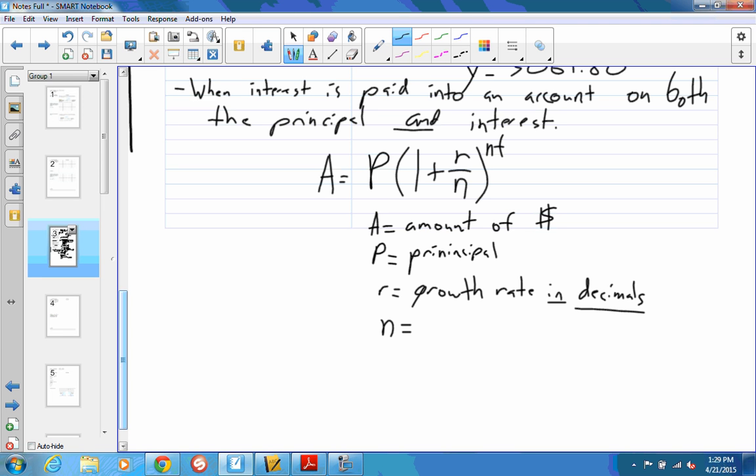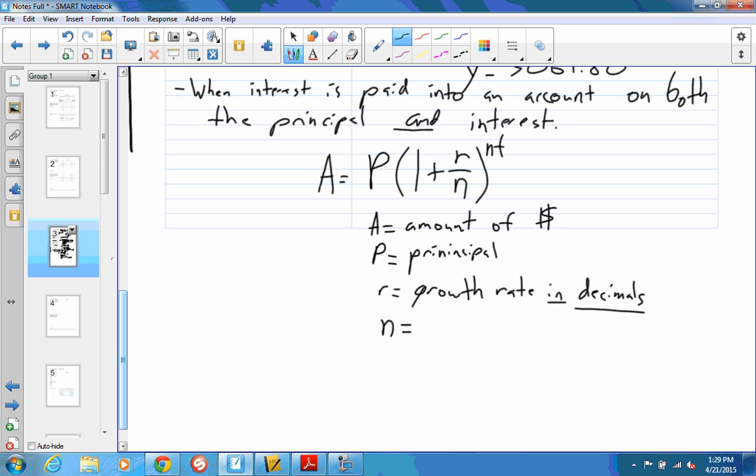So how many times in a year would that get compounded? 365. If I compound every week, what is my N value? 52. If I compound every month, what is my N value? 12. Good.